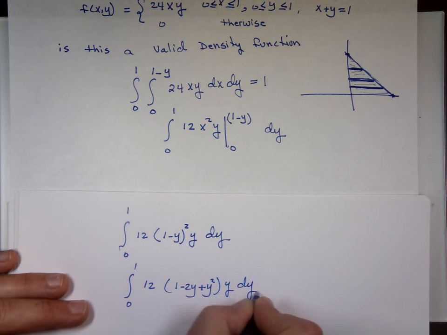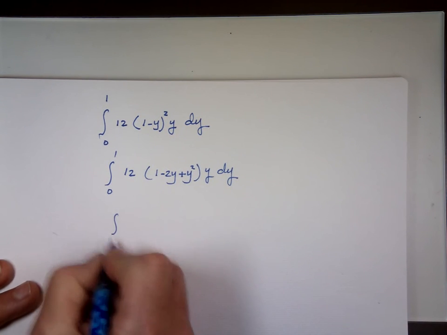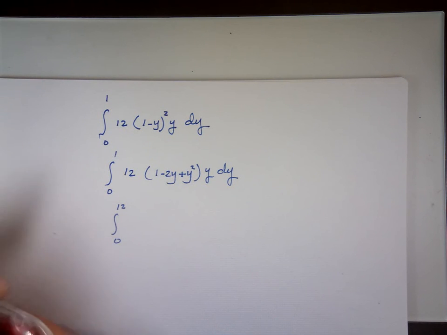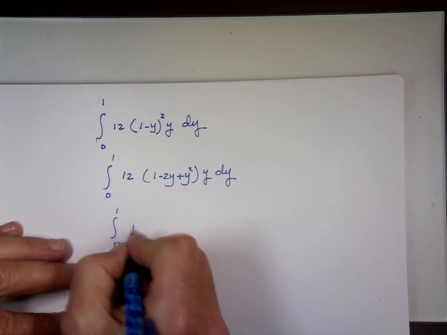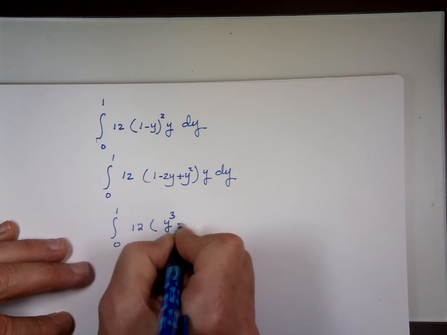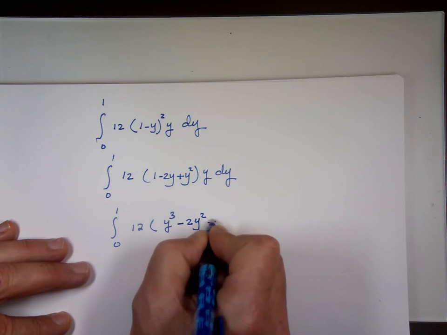I'm a big fan of rearranging everything for descending power. I like everything to be nice and neat. Oh, this is 1, not 12. This will be y cubed minus 2y squared plus y dy.